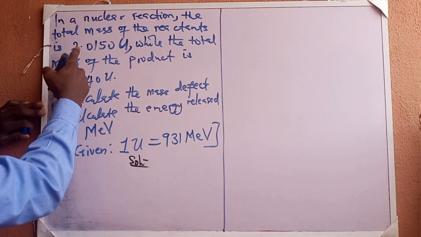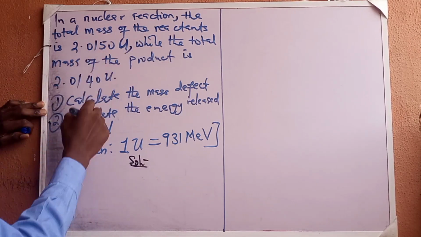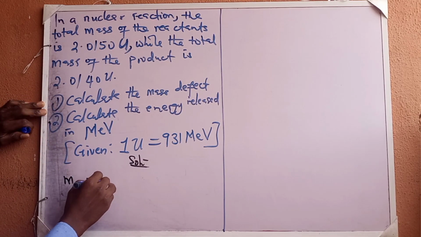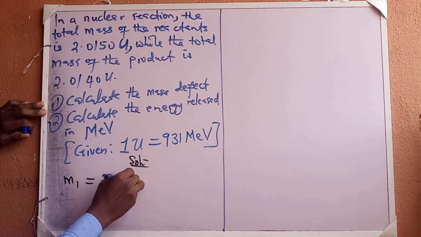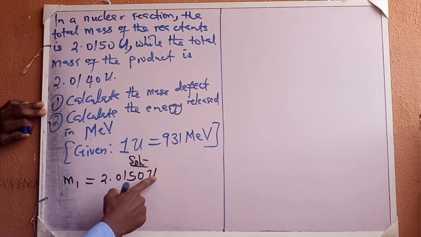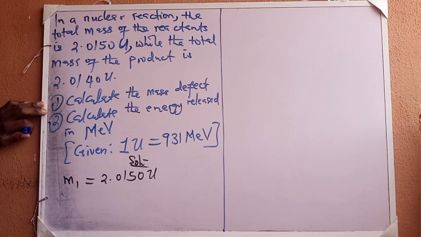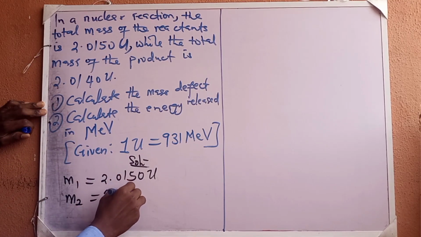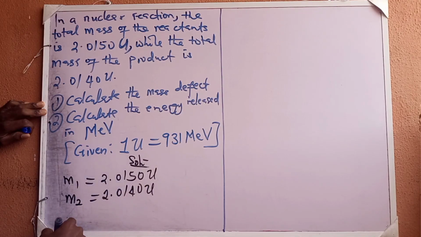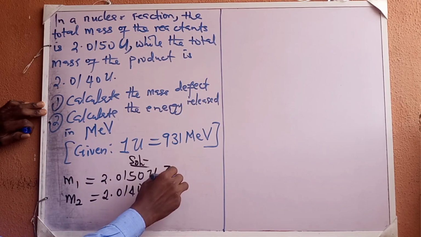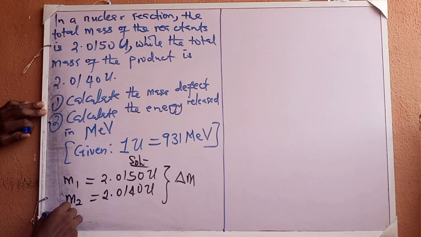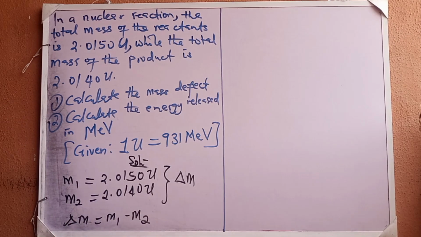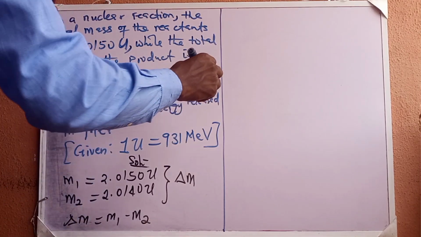Solution. We are given the mass of the reactants. Let's call it M1. M1 is given to us as 2.0150 U. This U is atomic mass unit. The mass of the products is given as 2.0140 U. So from here we'll be able to get our mass defect, our delta M, which is M1 minus M2. So let's compute our mass defect and see what we have.